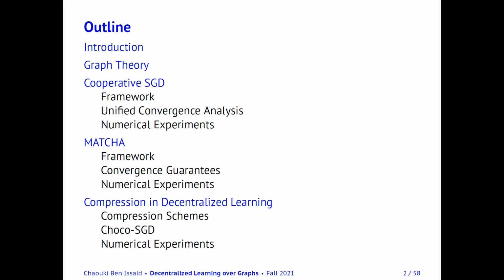We will simply go over the notions relevant to the decentralized learning problem. Then we will discuss two communication-efficient frameworks, cooperative SGD and Matcha. Finally, we will talk about compression schemes in general and show how they can be used in the context of decentralized learning through the SurCo SGD algorithm example.